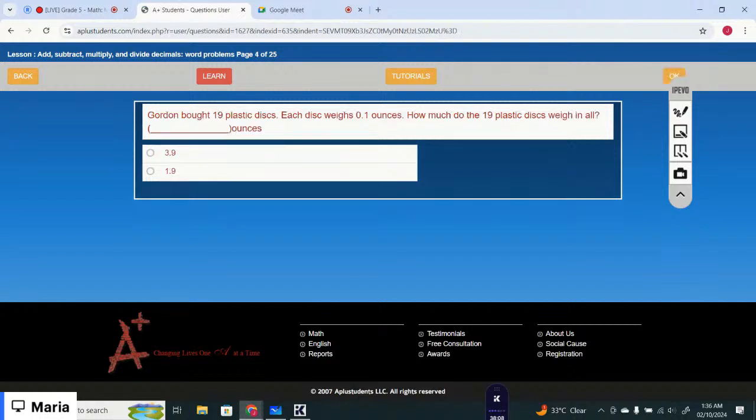Okay, Jordan bought 19 plastic discs. Each disc weighs 0.1 ounces. How much do the 19 plastic discs weigh in all? Which is the correct option?